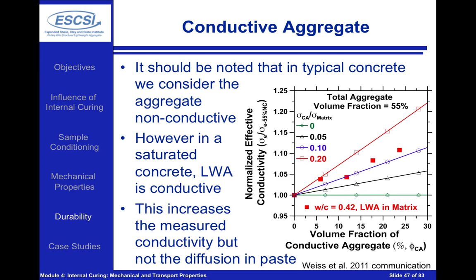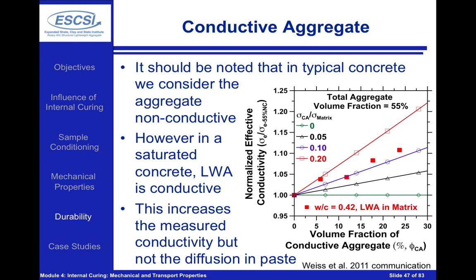Now, one thing that should be remembered here is that typically when we talk about conductivity, we consider that the aggregate is non-conductive. So the aggregate itself is not electrically conductive. However, in lightweight aggregate concretes, when the lightweight aggregate fills with a pore solution or an ionic solution, the aggregate can actually become conductive. This will increase the conductivity of the overall system.